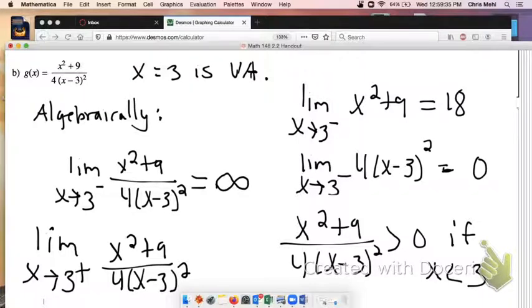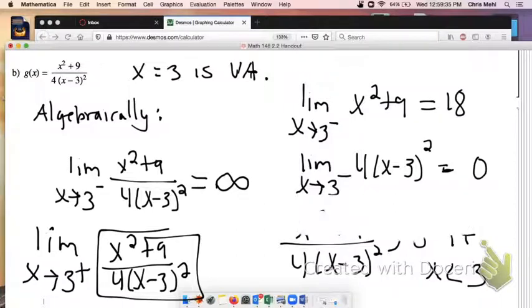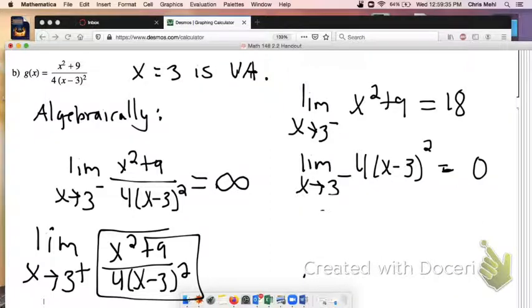You're actually going to notice that this function right here is positive valued all the time. The only thing I would need to change then over here, it's still true. I can change these. It's still true that as you approach 3 from the right, the numerator still approaches 18 and the bottom still approaches 0.